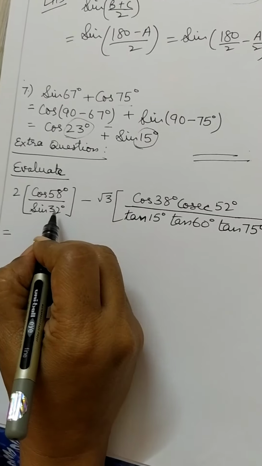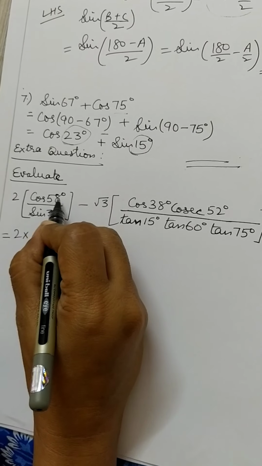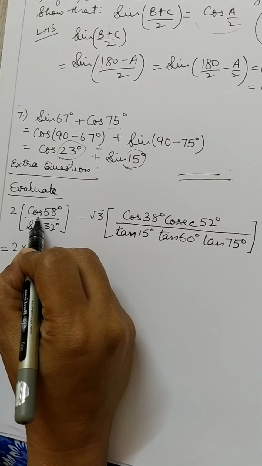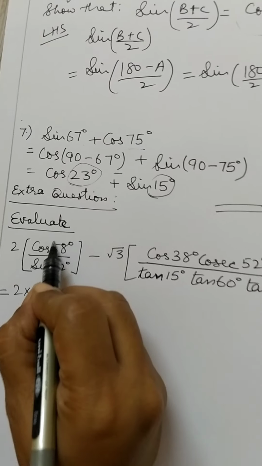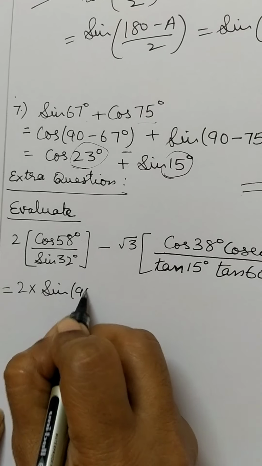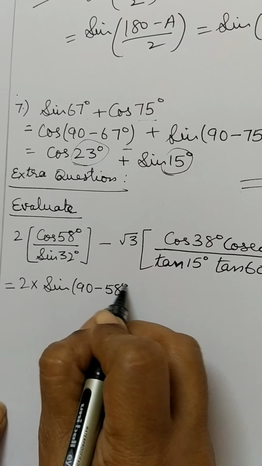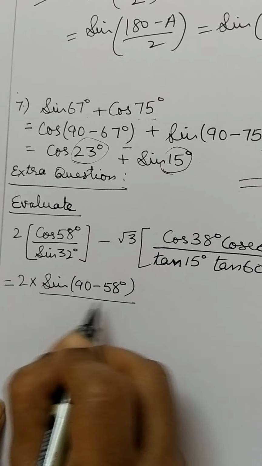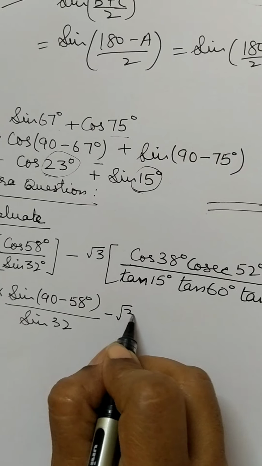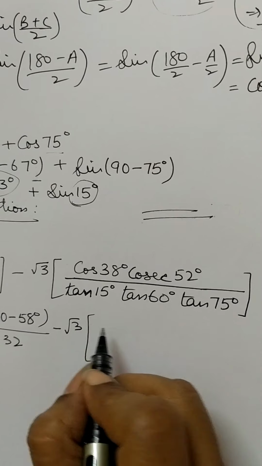You can see the first term, 2 into cos 58 upon sin 32. Cos theta can be written as sin (90 minus theta). Here theta is 58, so we can write it as sin (90 minus 58) upon sin 32 as it is, minus root 3 cos 38.